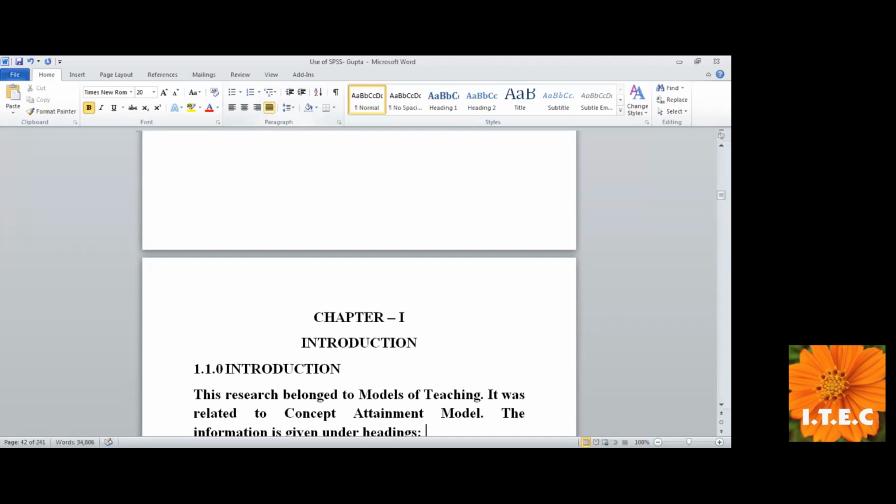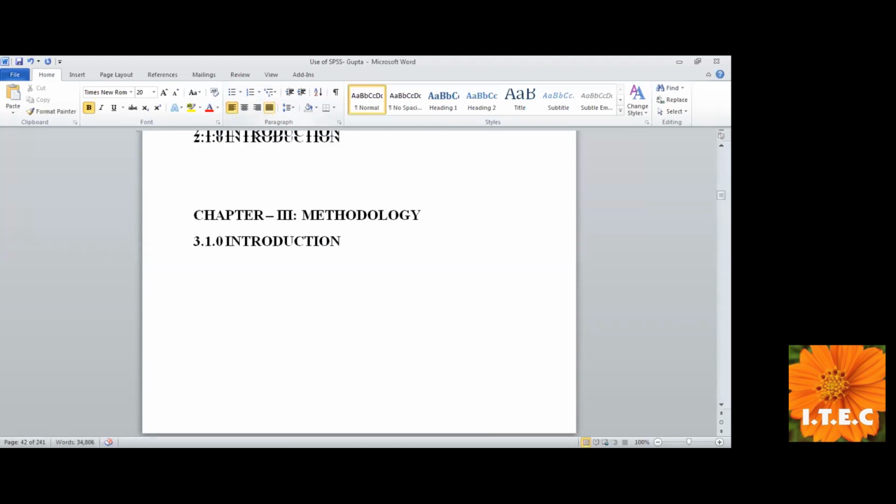Here I have already written the headings. You can see it.